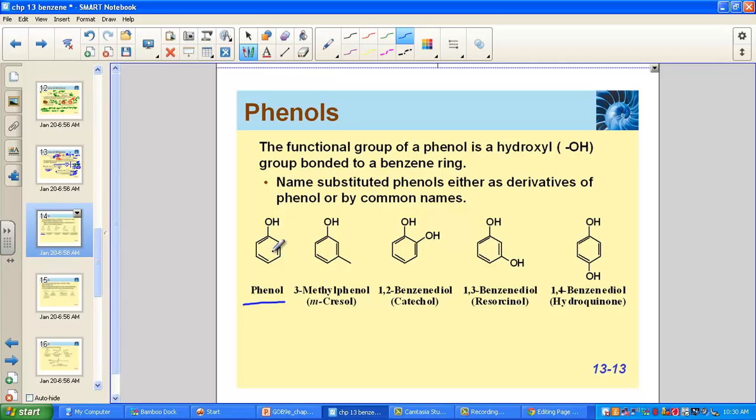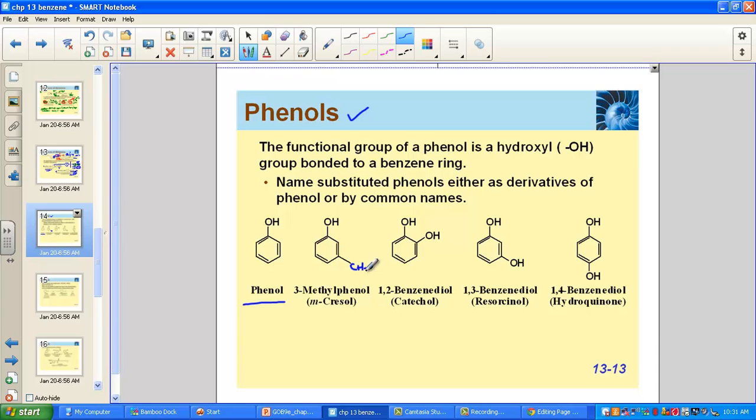Just as there were many common names of benzene by the attached functional group, those common names are indeed the IUPAC names. The same is true when we name these phenols. There are many common names that we just need to know. The first, of course, is phenol, with the functional group of an alcohol, OH, as a substituent group on a benzene.